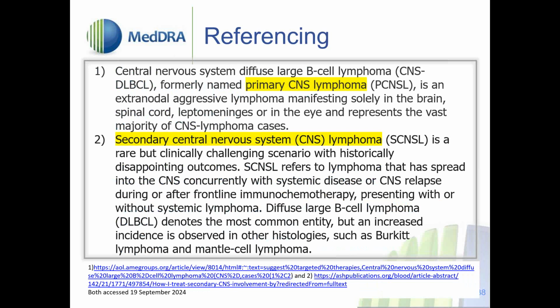So in our case, a DLBCL relapse with CNS involvement is reported, not a relapse of a primary CNS lymphoma. If the verbatim would refer to a relapse of a primary CNS lymphoma, it would rather read DLBCL relapse of CNS lymphoma. So our verbatim is clearly referring to a secondary CNS lymphoma.